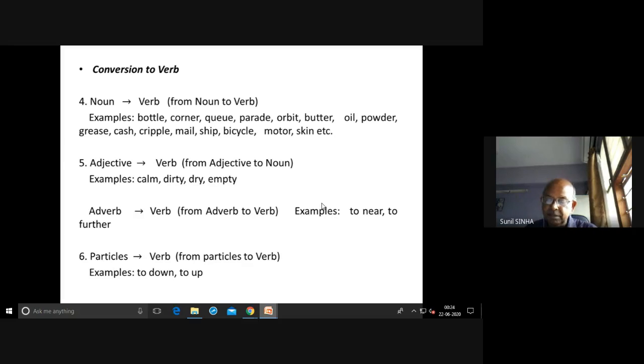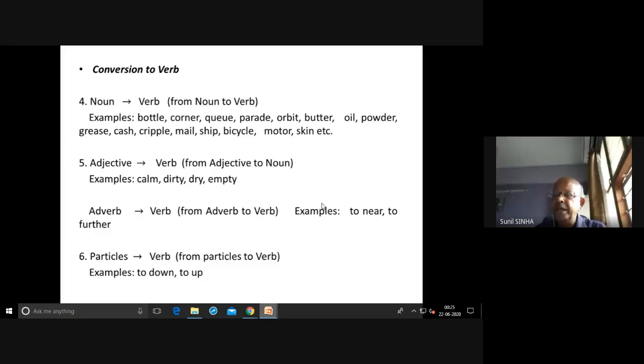Then particles. Particles again means a preposition or an adverb. Like from particles also we can derive a verb. Like down. When I say he went down the street, right? Now down is an adverb here, or it can be taken as a preposition also.